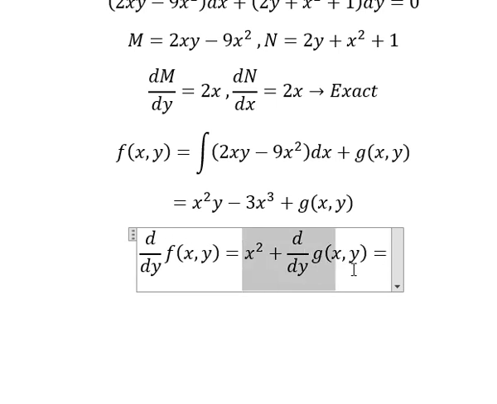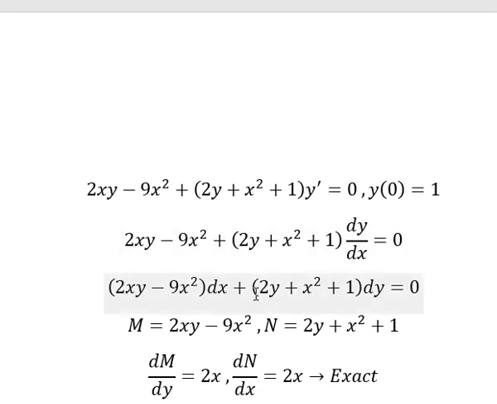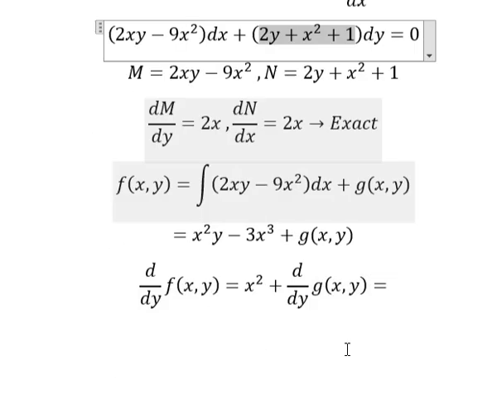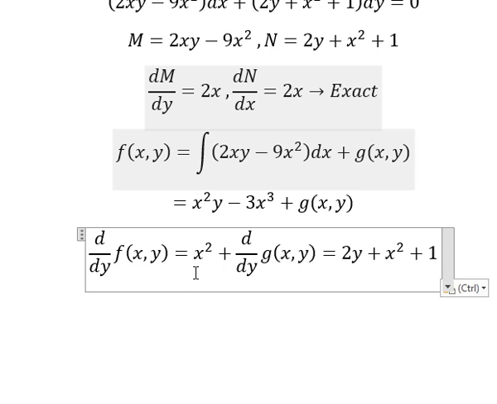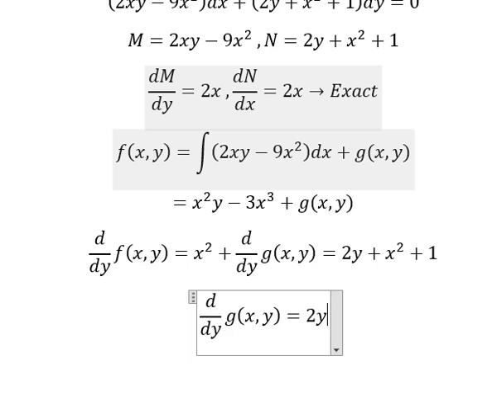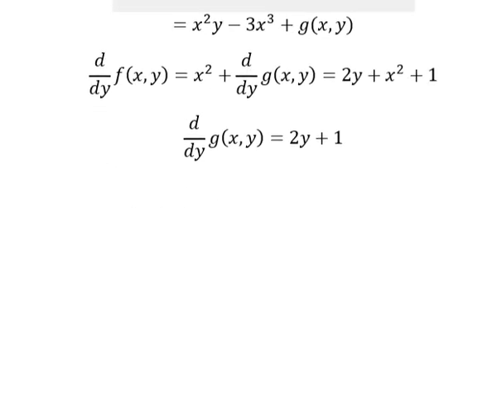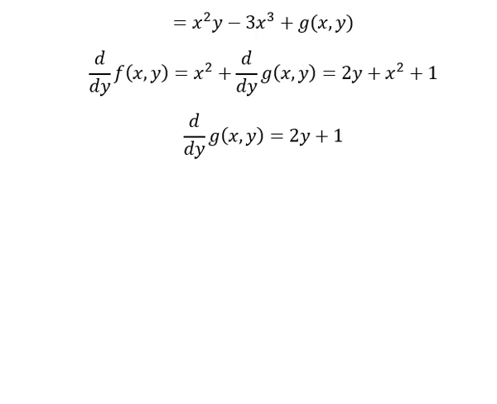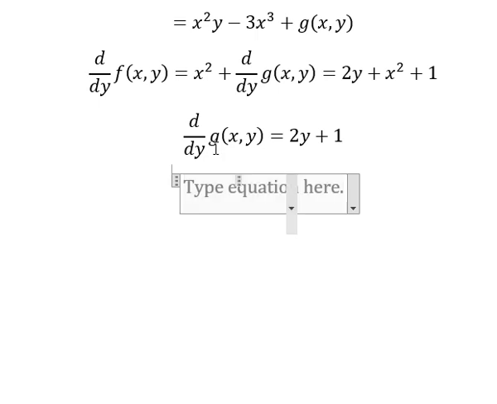And we know that this one equals this one. So we simplify x squared from both sides. Now we put the integration on both sides.